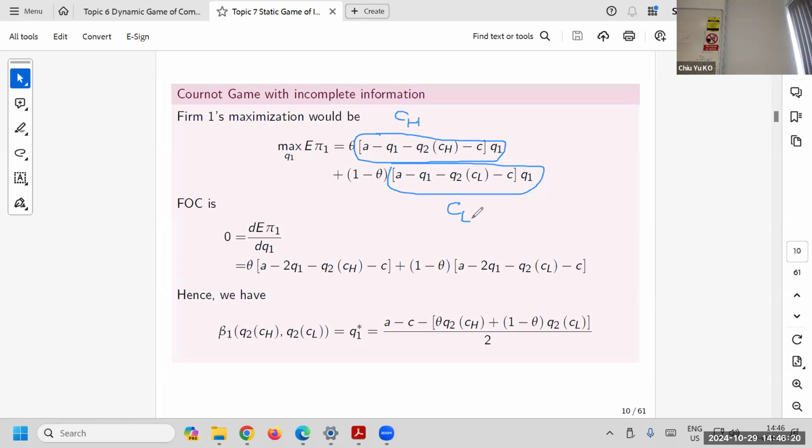So basically it's the average response from the high cost opponent and the low cost opponent. Because if theta equals 1, this is how he should behave when he's facing high type. If theta equals 0, this would be the outcome when he faces low type.